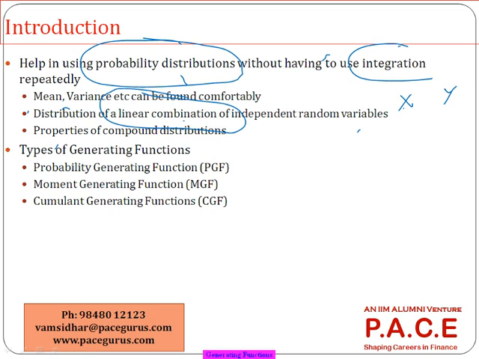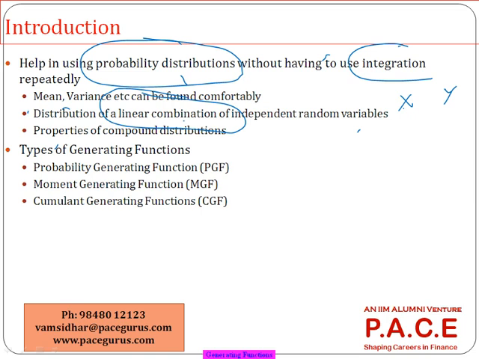Or x is following one Poisson distribution with one lambda, y is following another Poisson distribution with lambda 2. If I want to combine these two, what would be the probability distribution? One is following a Poisson with average lambda, the other is following a Poisson with average lambda 2.